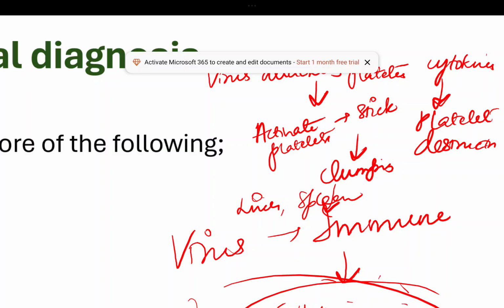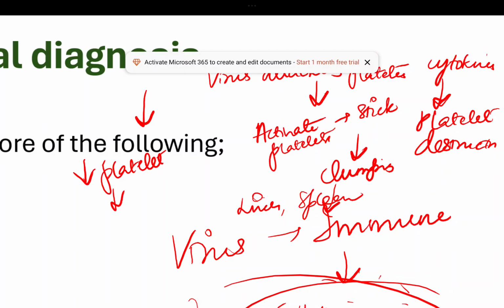And you can also see that the immune system is producing antibodies against this virus, and the antibodies are cross reacting with the surface proteins of the platelets, and they are tagging it for destruction. And there is also reduced production of platelets because of the suppression of bone marrow, suppression of megakaryocytes.